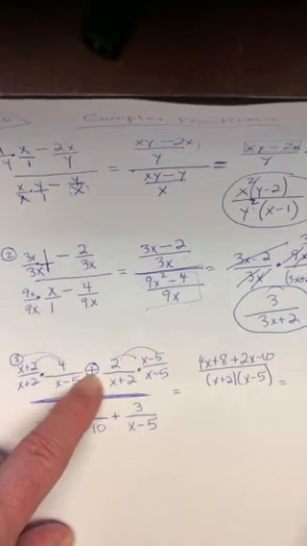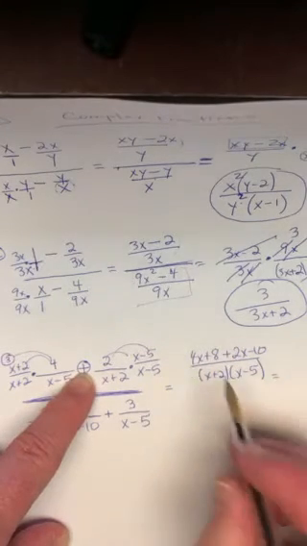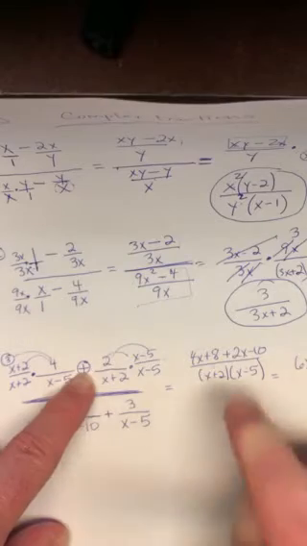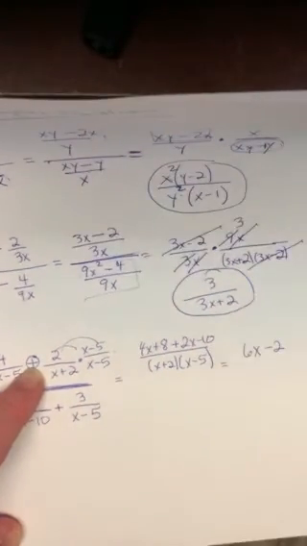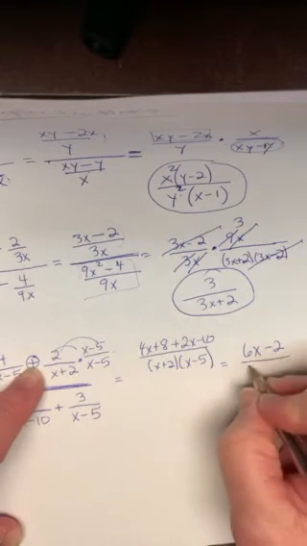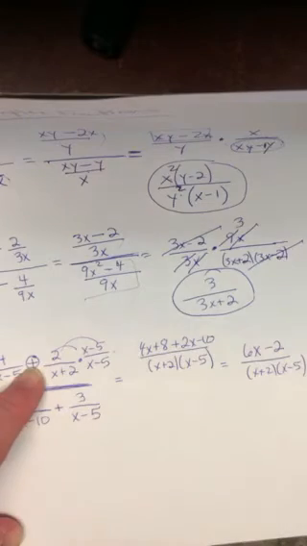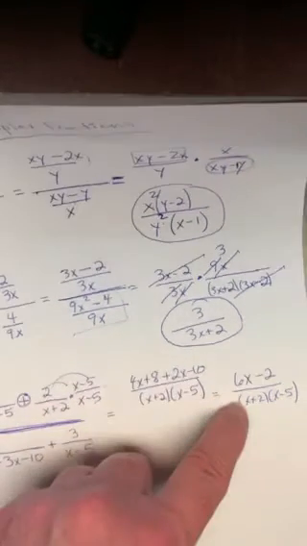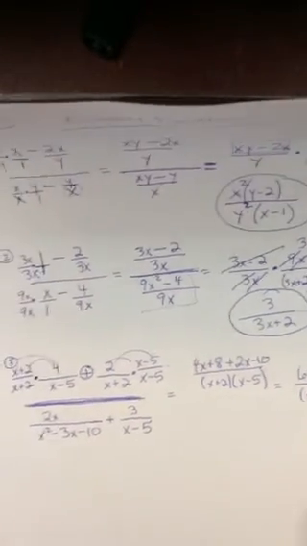So guys, bottom line is when I combine like terms up top there, do you agree 4x and 2x gives me 6x, plus 8 and minus 10 gives me minus 2, all over x plus 2 and x minus 5. So if I treat the top as if it was its own little problem, we would end up with that. Agreed?